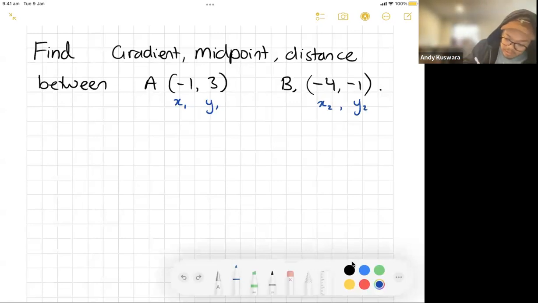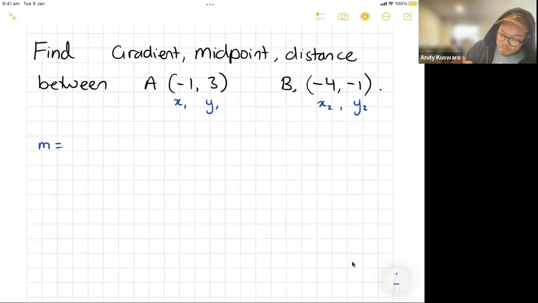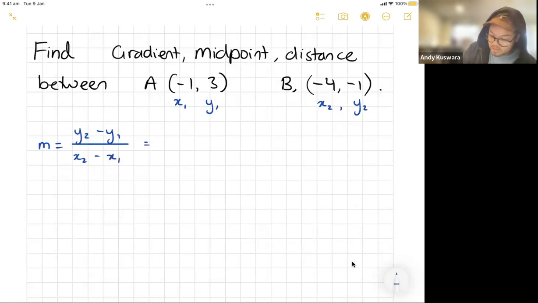So if we're finding the gradient, let's go in this order: y2 minus y1 on x2 minus x1. In this case, it's going to be -1 minus 3 over -4 minus -1. Be careful with your brackets and everything.